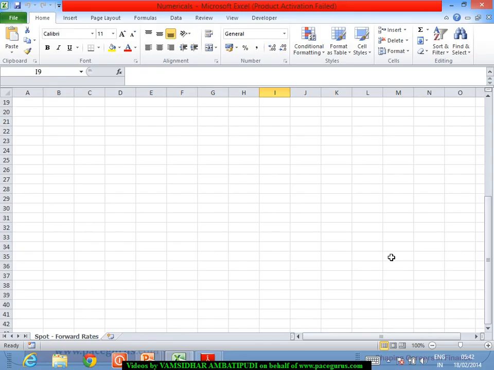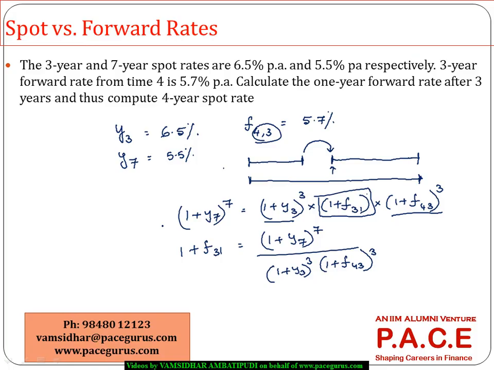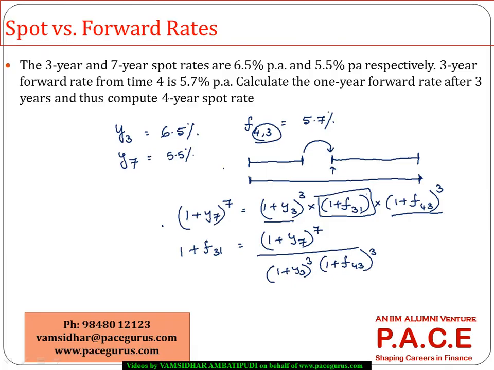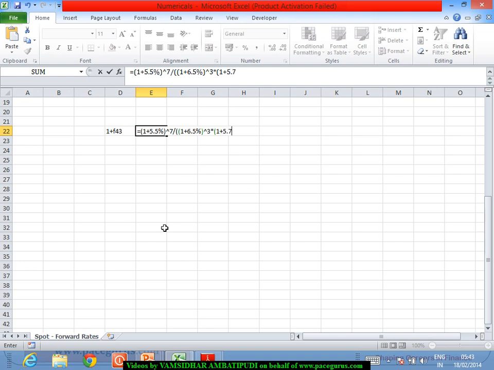Y7 is 5.5%. So 1 plus f43 is nothing but 1 plus y7, 5.5% to the power 7, divided by 1 plus y3, Y3 is 6.5% cube, multiplied by 1 plus f43. 1 plus f43 is also 5.7, 5.7% cube.